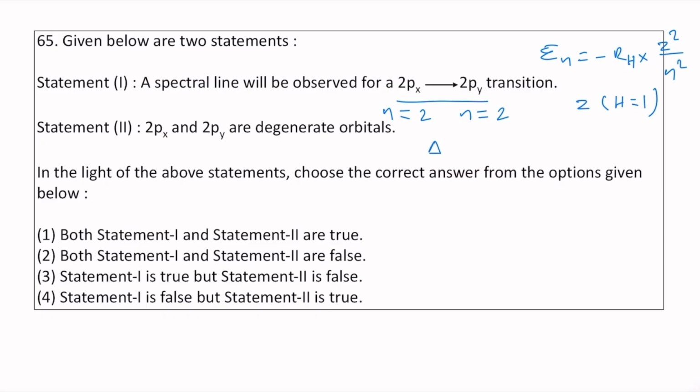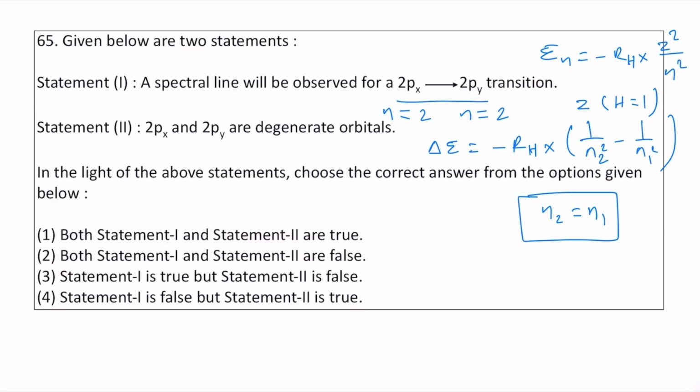Therefore, the energy difference delta E is equal to minus Rydberg constant times 1 by n2 square minus 1 by n1 square. If n2 is equal to n1, then how will you observe a spectral line? You won't, because delta E is equal to 0, therefore no spectral line. This means that statement 1 is false.